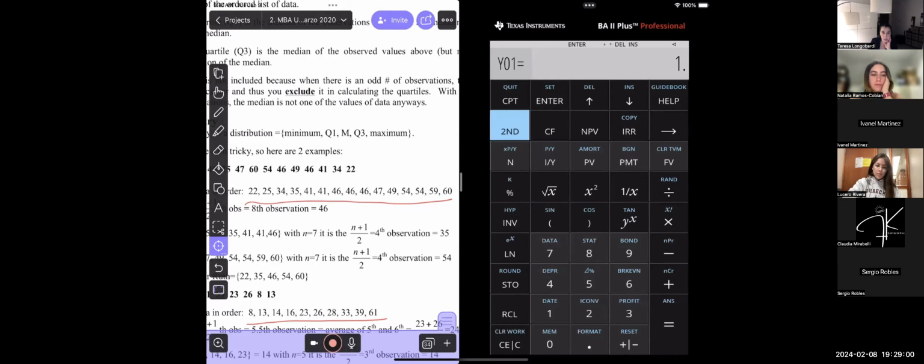I'm only entering one data set, not two variables. So I'm going to skip that and go to the second X2. I put 25, enter down, and I go past the Y, then 34, enter down, then 35, enter down, 41, enter down, 41, enter down, 46, enter down, 46, enter down, 46, enter.